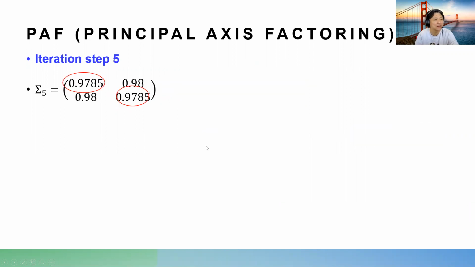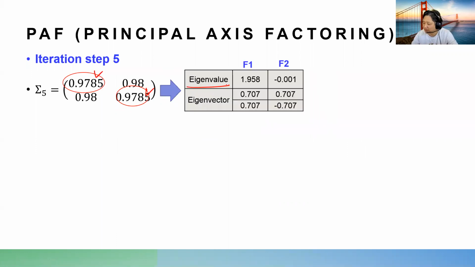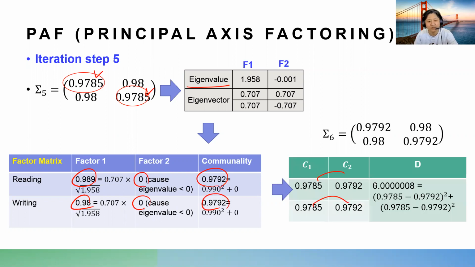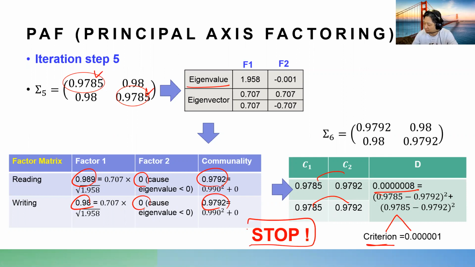Compute the eigenvalue, eigenvector, factor loading, and communality, compare, get the difference and square it. Now this value is less than our criterion, so we stop. This is our final solution.